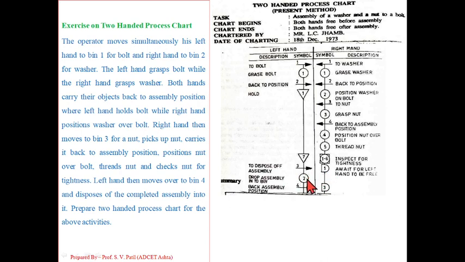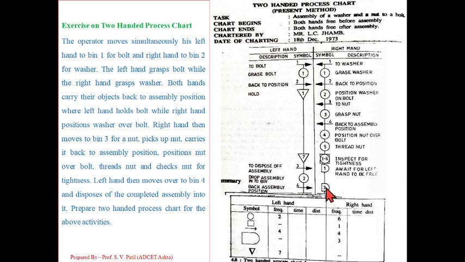The left hand drops the assembly into the bin, so that is the operation of releasing the assembly, and at the end the left hand is brought back to the center position, a transportation. Still the right hand is idle, indicated with the delay symbol.